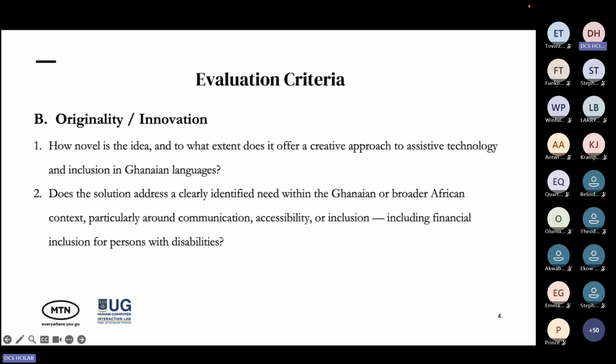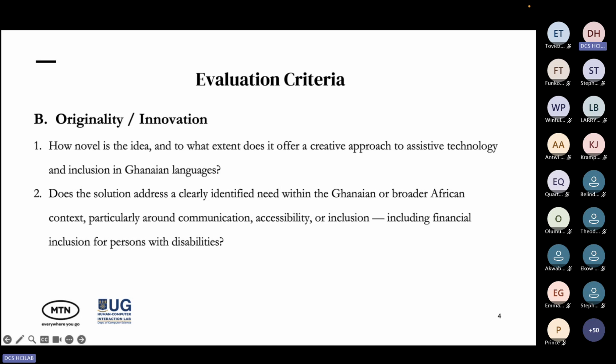In addition to suitability, we would also look at the originality of your solution. How novel is the idea? To what extent does it offer a creative approach to assistive technologies and inclusion in Ghanaian languages?